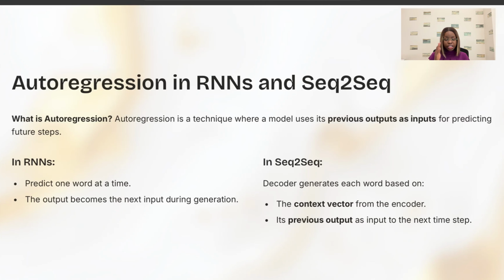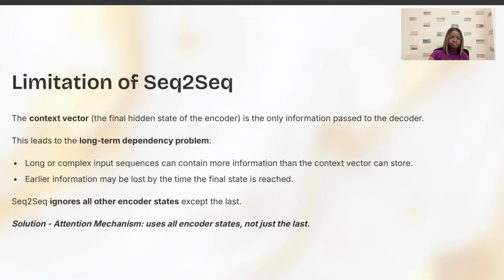It's also used in sequence to sequence, as the decoder generates each word based on the context vector received from the encoder, and its previous output is used as input in the next time step, as in the next sequential data point.